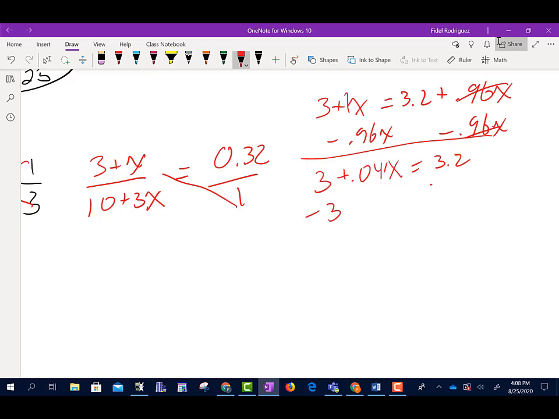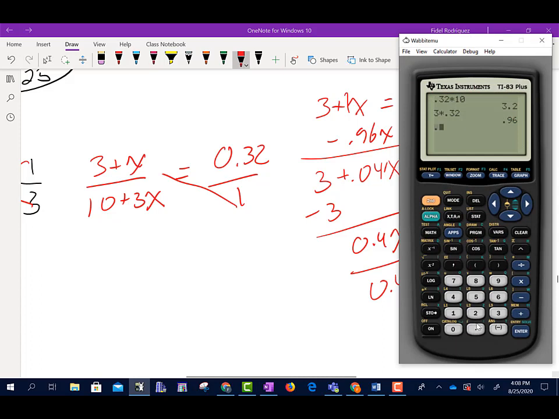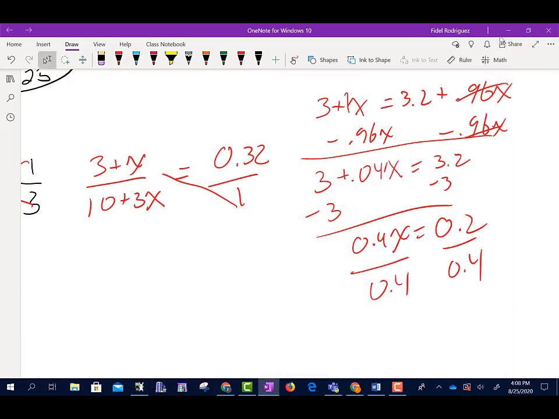Then 0.2 divided by 0.04, I should say, is 5. I put the point in the wrong place, guys.